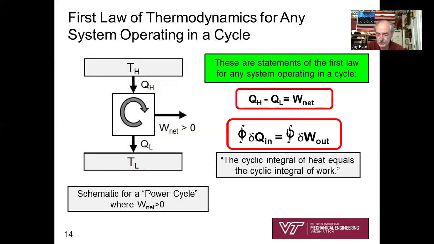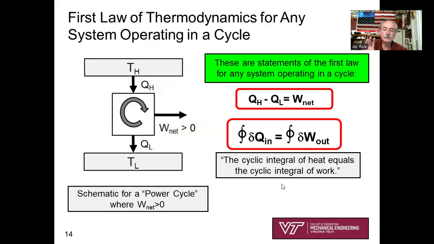Here's what this says in words. The integral sign with that circle in it means that you have to do an integral around the entire cycle, all the processes that make up that cycle. That's what the cyclic integral is. So the wording of this fundamental is: the cyclic integral of heat equals the cyclic integral of work.